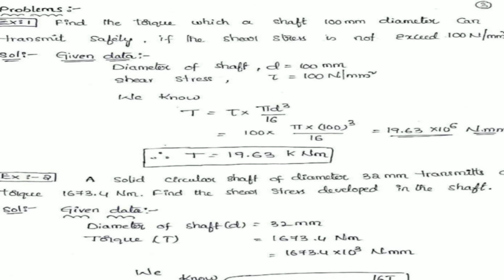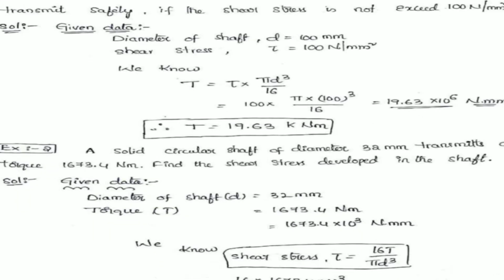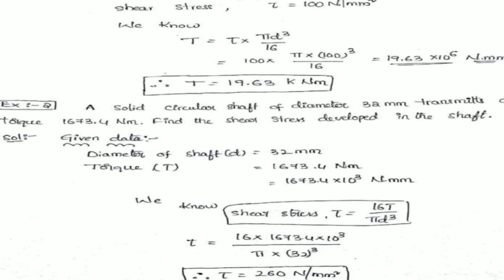Next, problem number 2. Here in this problem, the given data: diameter D is 32 mm, torque T is 1673.4 Newton meter. That means 1673.4 into 10 to the power of 3 Newton mm.